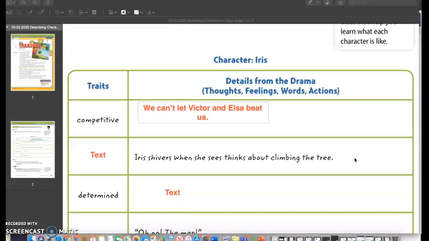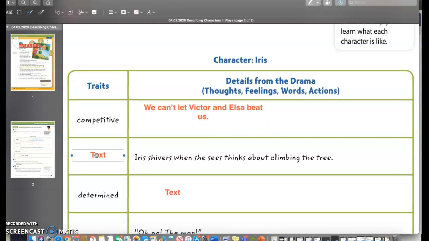And in line 12, Iris, shivering, says, "I am too, but do you think I'm going to let that stop us? We're so close," as she takes a deep breath and starts climbing the tree. So all of you are correct in saying that Iris is very fearful. She's very afraid. She's nervous.